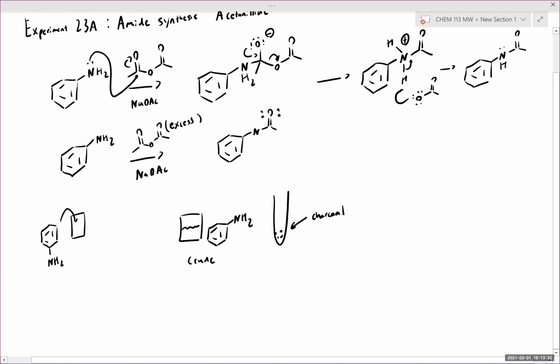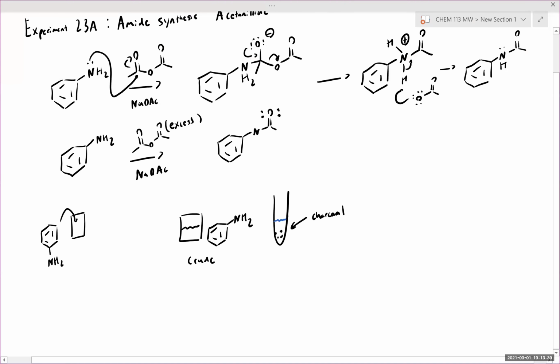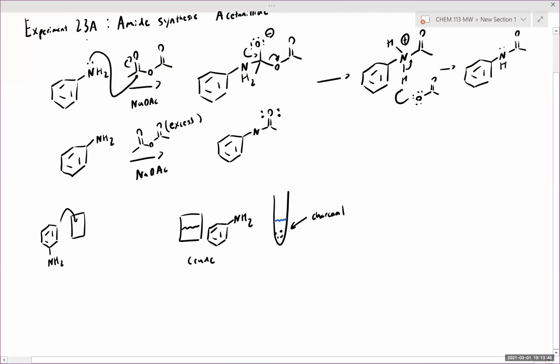Charcoal is useful for removing colored impurities, and it helps remove particularly metal or very polar impurities. We're going to transfer our aniline to the activated charcoal, and then from there into our reaction flask.